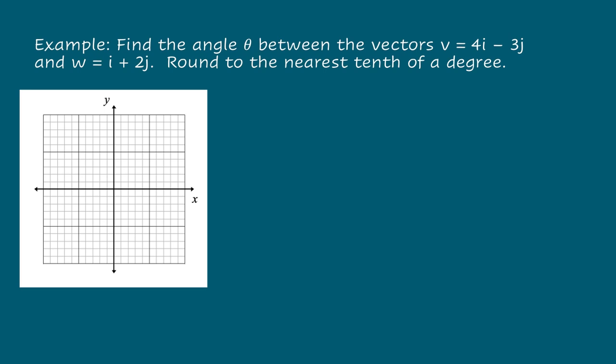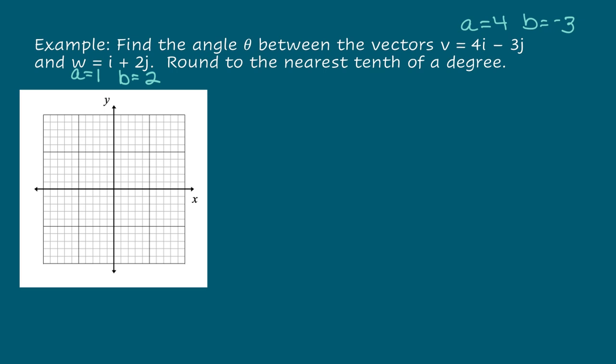We're going to find the angle between the vectors, vector v, 4i minus 3j, and w, i plus 2j. We're going to round to the nearest tenth of a degree. So the first thing I'm going to do is sketch these two vectors on my graph. In vector v, I have an a value equal to 4, a b value equal to -3, and in vector w, I have a equal to 1, b equal to 2.